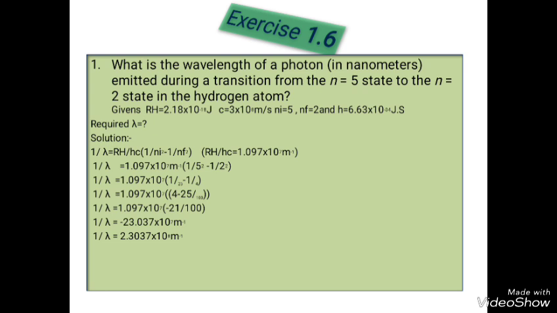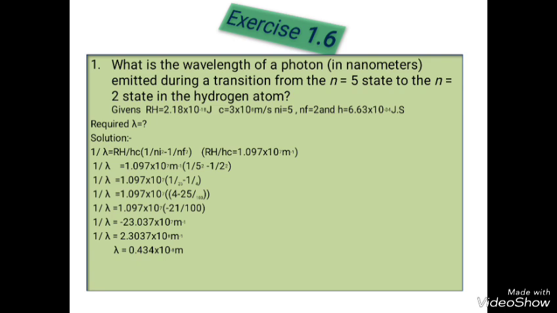And since the question asks for the wavelength, and the equation says 1 over lambda, we have to reciprocate this equation as lambda equals 1 over 2.3037 times 10 to the power of 8 meter inverse.